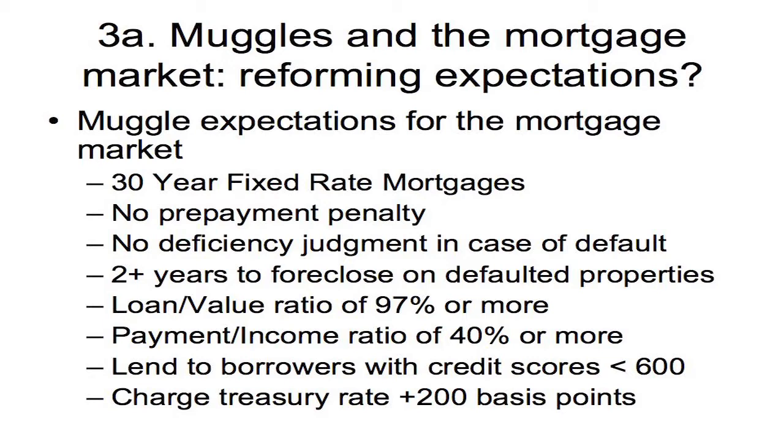Of course, that means the gain from the higher interest rate on the mortgage is lost to the lender. If interest rates go up, can the lender call the loan? No. If interest rates go up, too bad for the lender. There's no deficiency judgment in case of default.